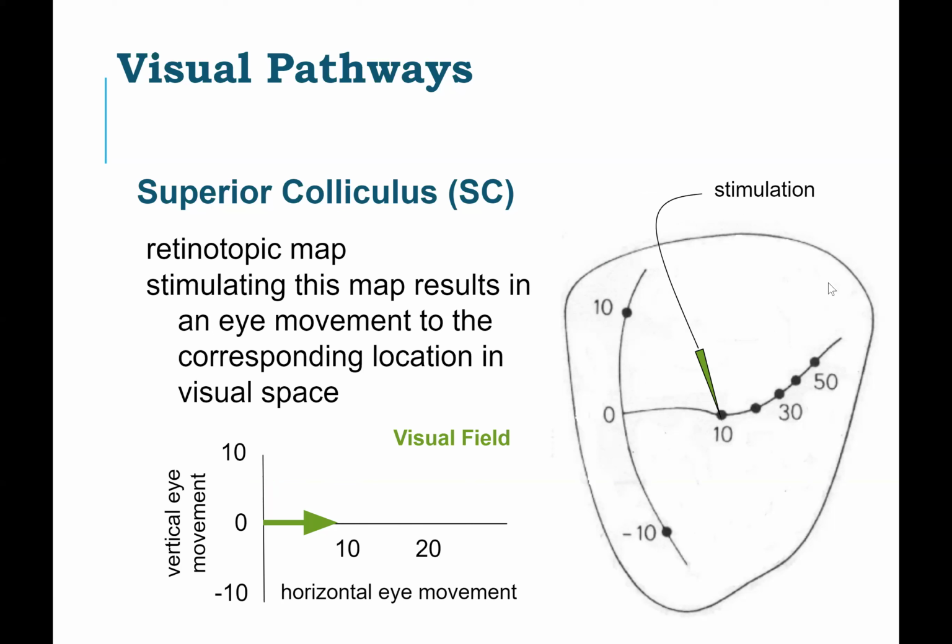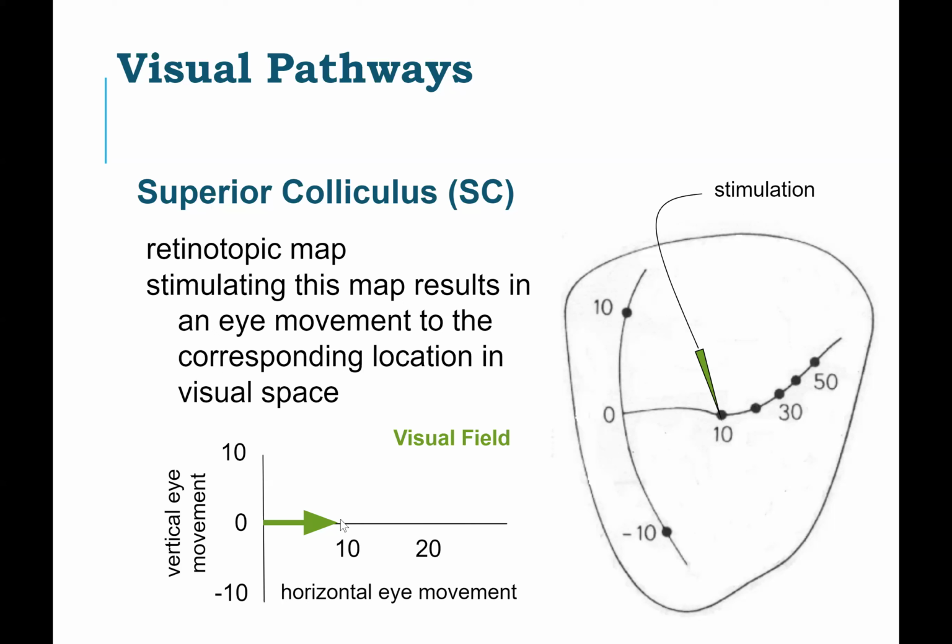So knowing that this is a retinotopic organization, if I stimulate this area, what would I get? Up here, what would I get? Diagonally, right? I would get something in between. If I stimulate this area, what would I get? Yeah, so you get a little bit to the right.